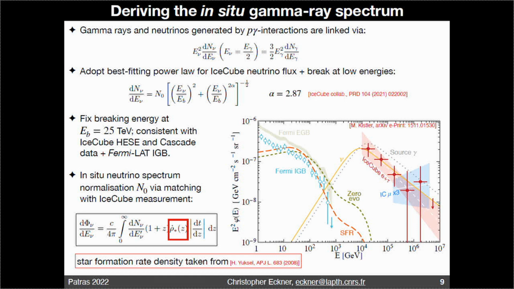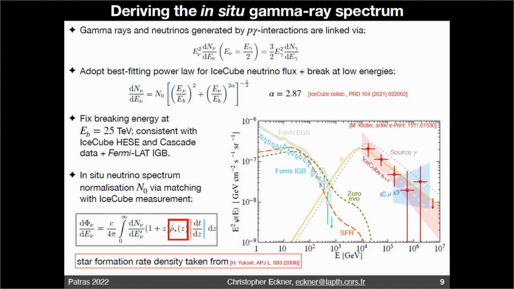To fix the flux, we use the best fit neutrino measurement of IceCube, which is a power law with this spectral index. And then we are left basically with this plot, where you have the neutrino spectrum in the source and the gamma ray spectrum in the source, where the peak is shifted to slightly higher energies.